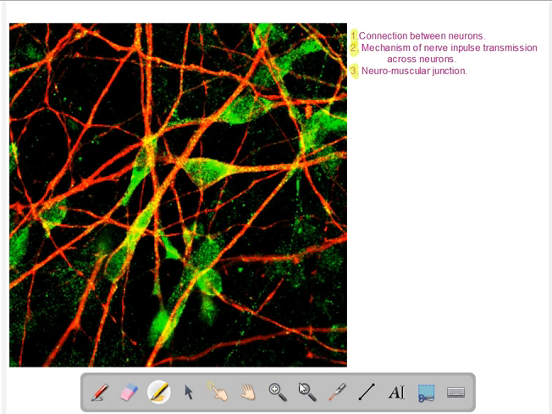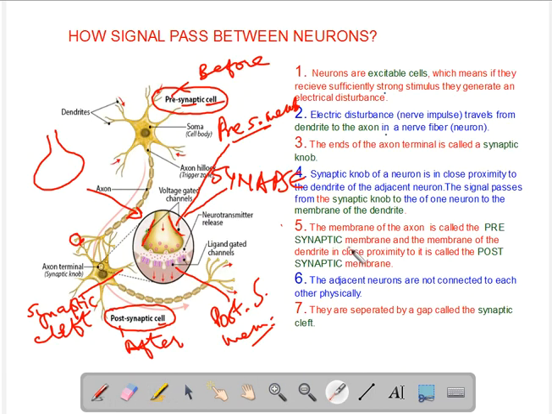Just one last closing comment is that inside or on the surface of the neuron, the information travels in the form of an electric signal, and the same signal travels across the synaptic cleft in the form of a chemical message. So in the nervous system, the information travels primarily as an electric, but also equally importantly, as a chemical signal.